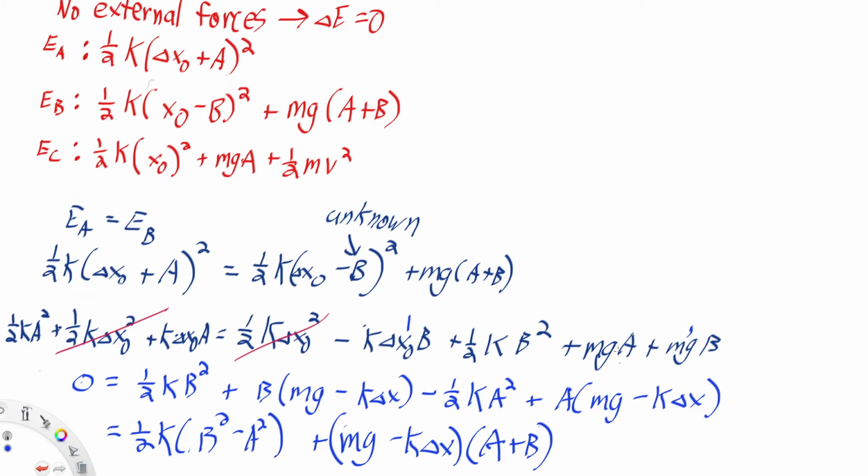So if a equals b, then we get 0 equals 2a times mg minus k delta x0.